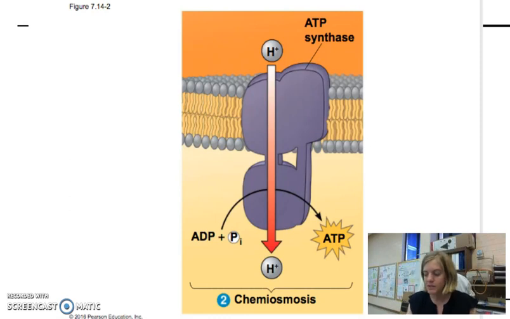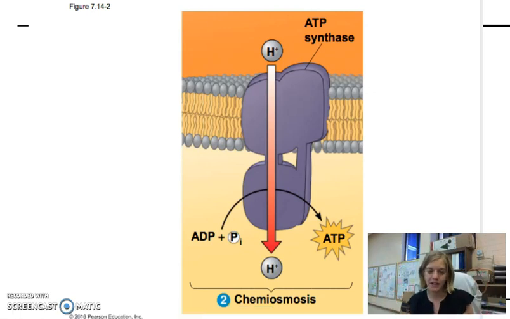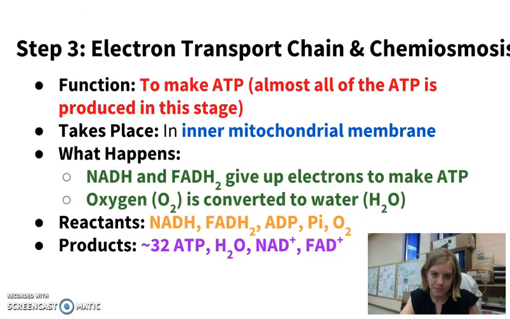And that's very important because this is kind of akin to, instead of having a huge ball of fire, we're letting out a little bit of energy at a time in the form of ATP.